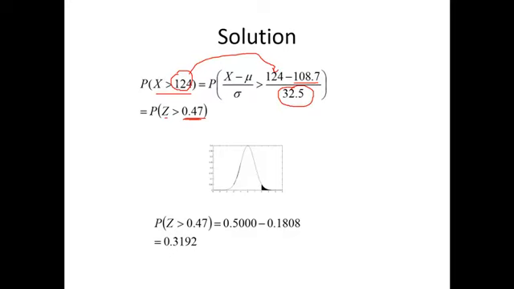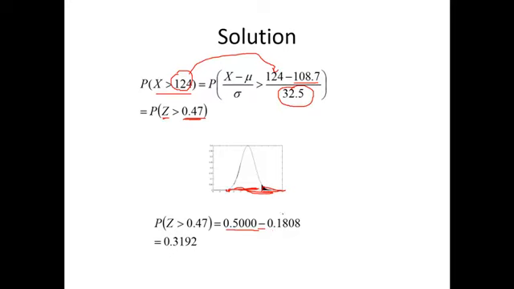So x greater than 124, through my taking of the z-score, translates to z greater than 0.47. In terms of an event, it's this tail right here. Now remember, we calculate tails. We'll have a 0.5, and this is a thin tail. If it were to start out here and go this way, it would be fat, but it doesn't have 0 in it, so it's a thin tail.